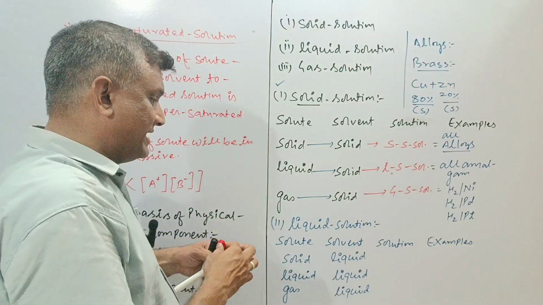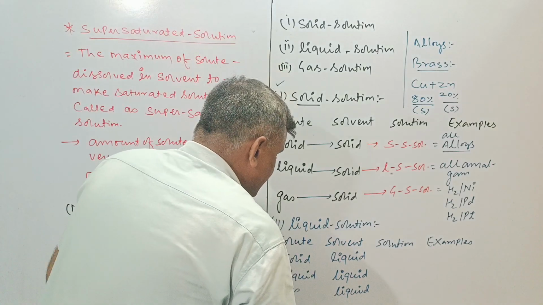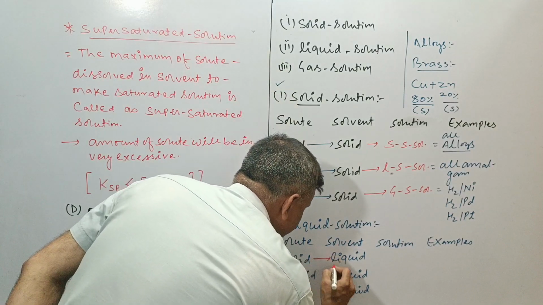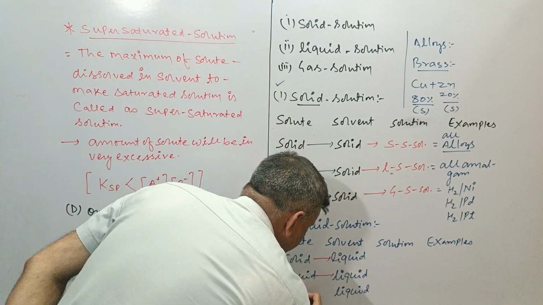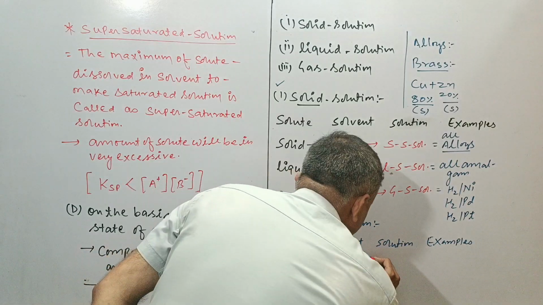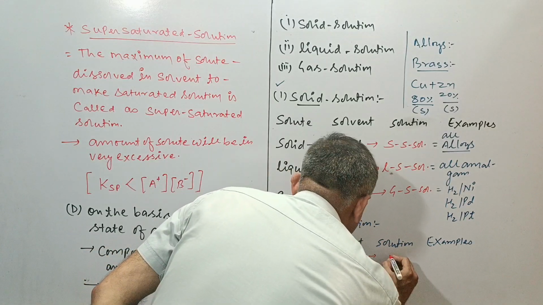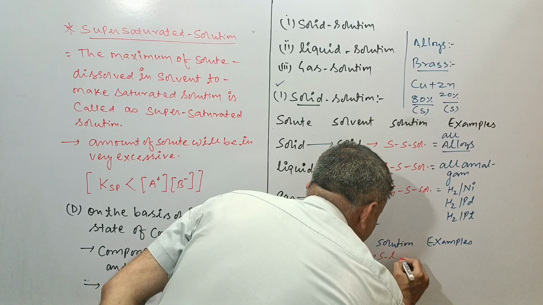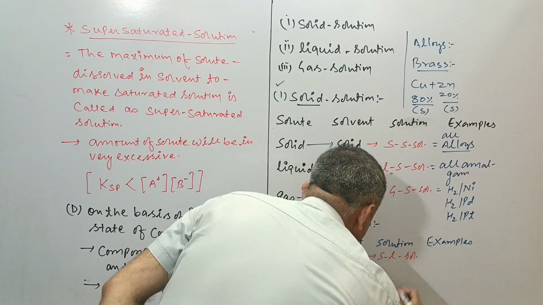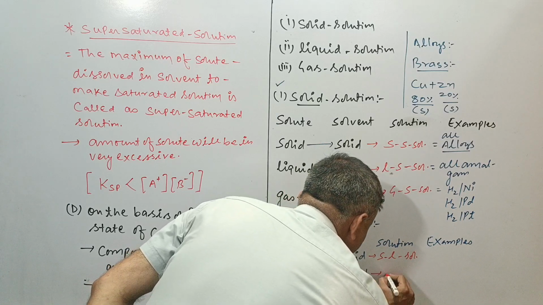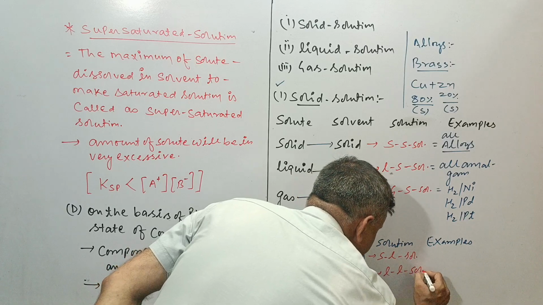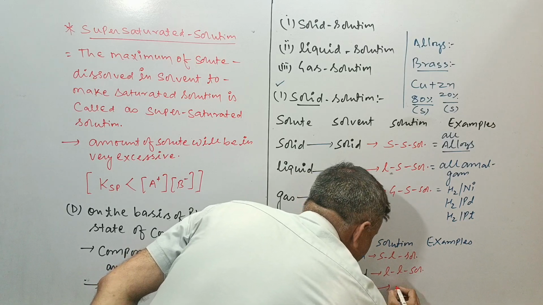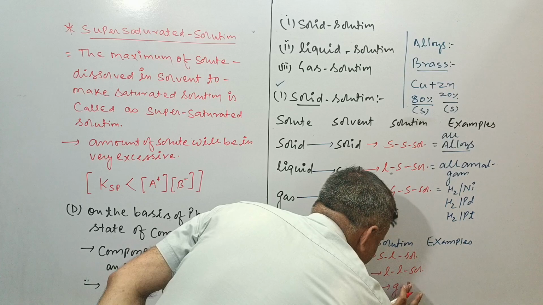If we go with the first type as solid liquid and gas liquid, here will be the SL solution, solid liquid solution. Here is liquid liquid solution and here is your gas liquid solution.